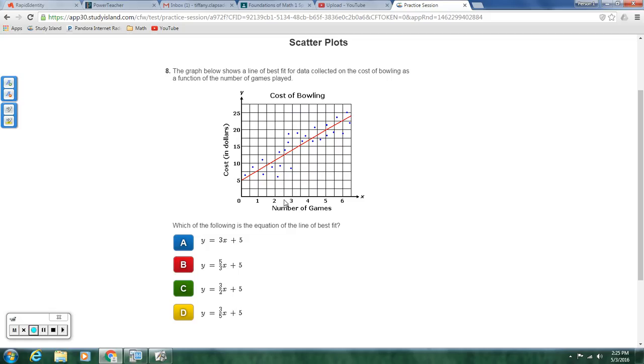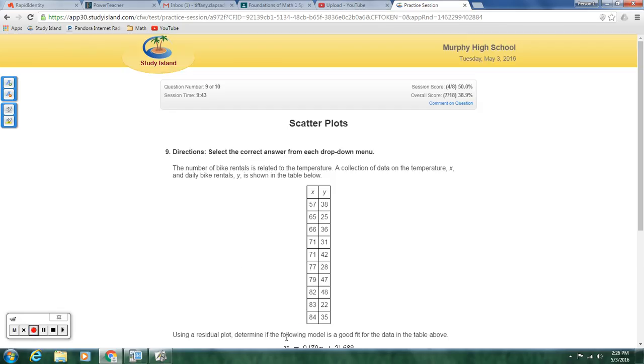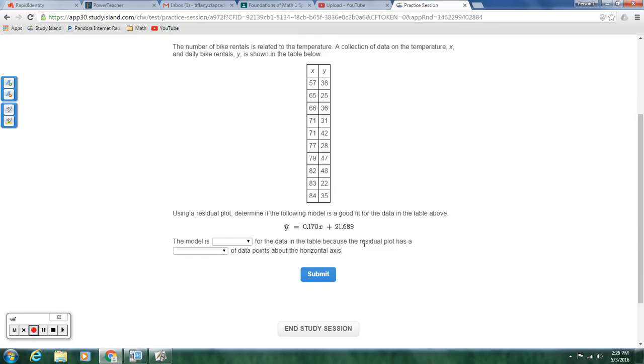What am I pointing at right there? In between 2 and 3, 2.5. So we went up 7.5 divided by 2.5. What is it? Is it 3? Yay!